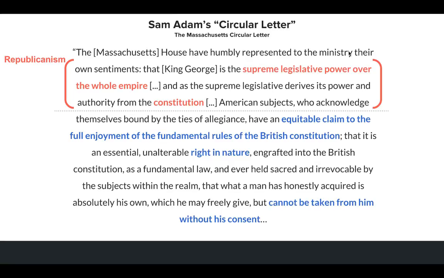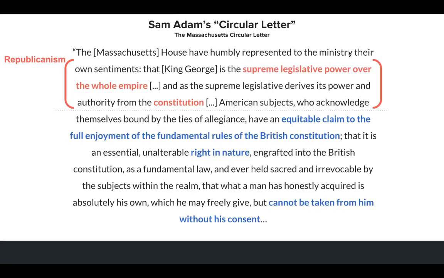This was a document that was created after the Glorious Revolution. It's not technically written down, but it's an agreed upon social contract that is introduced following the Glorious Revolution, when King James is overthrown by the people.